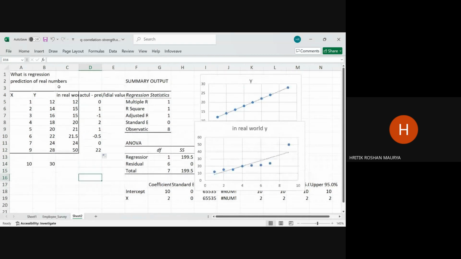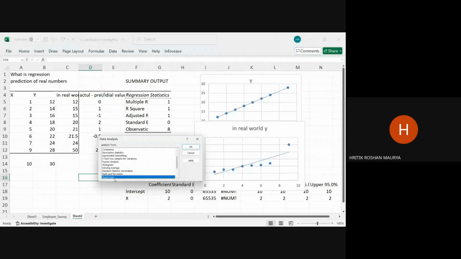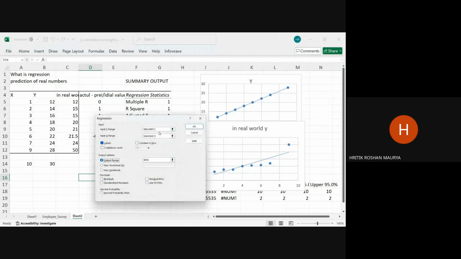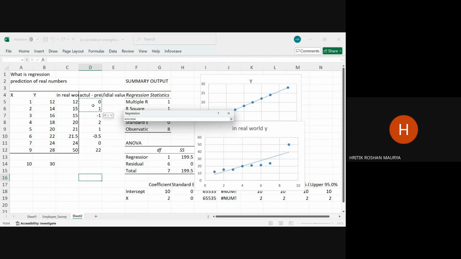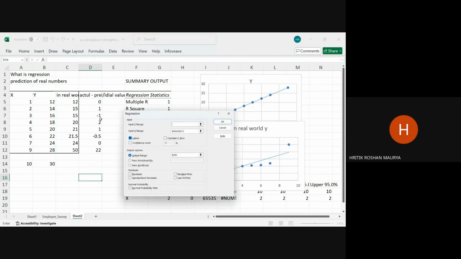If I perform the data analysis on this, if I perform the regression on this, my output range is this actual value. I am selecting the output value as this real world example, and the input x will be as it is.